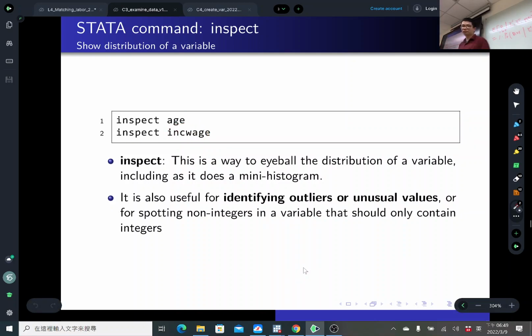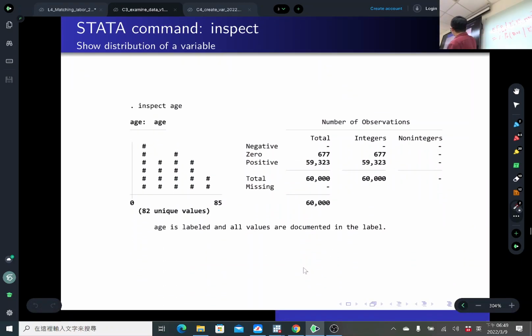And this will give you a result that looks like this, the age distribution, and it will let you know how many observations have 0 age, 600, and positive and negative. So for age, there should be no negative value. So if something happens here, you might find that your data has some problem. So this can help you to check integer or non-integer. Okay.